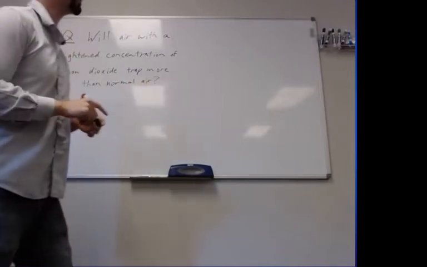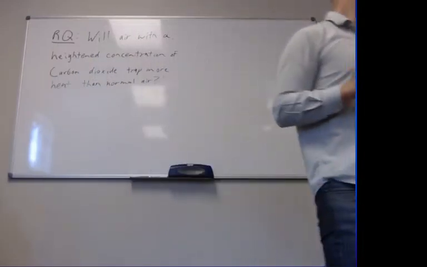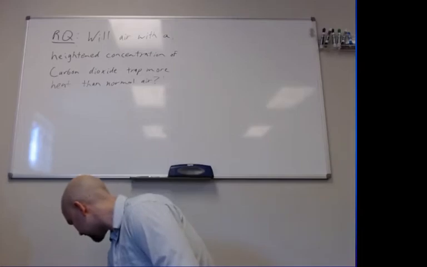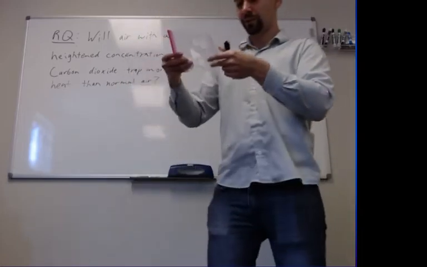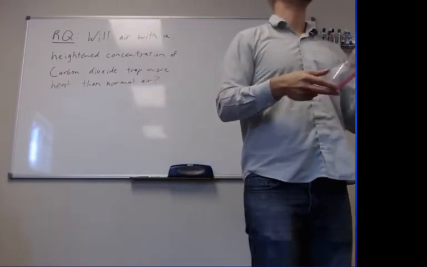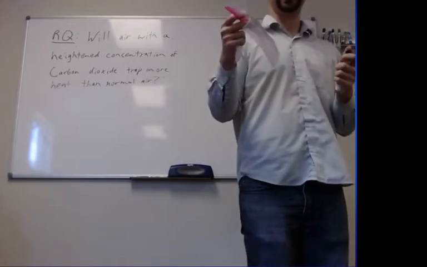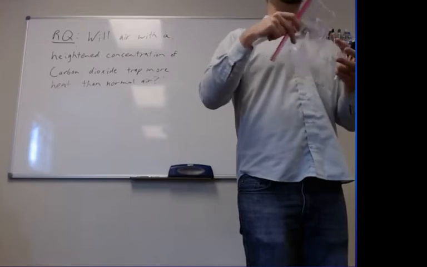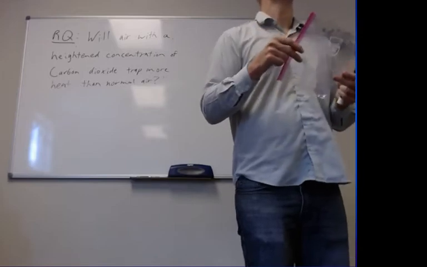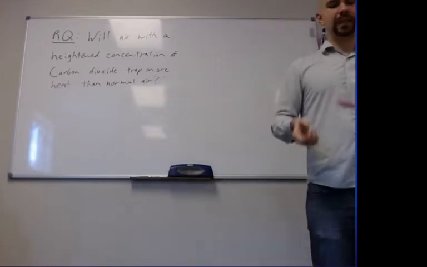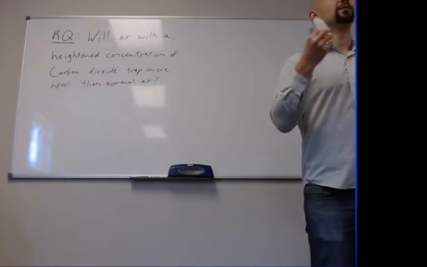In this experiment we're going to have two little plastic bags, and in each bag we're going to place a thermometer. Ideally we should have had bigger bags, but we're going to trap some air in each bag, leave them out in the sunlight, and see how much warmer they get.